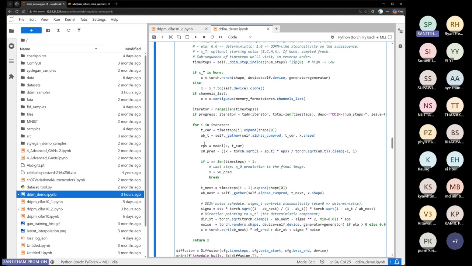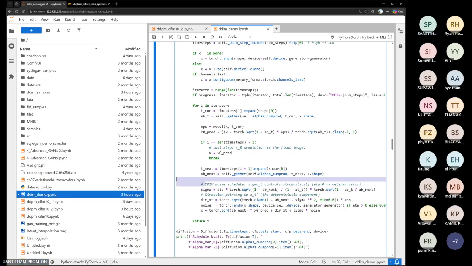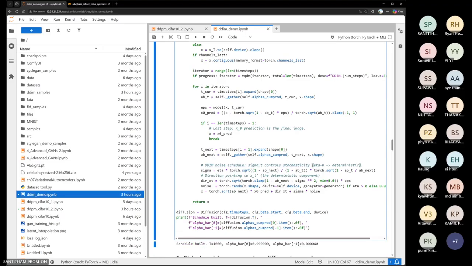And then for this, you can do the DDIM noise schedule, using x0 to estimate the current x of that step, which is the square root of AB at the next step times x0 predicted, plus the part that is random, which is sigma times noise. Noise comes from random sampling.